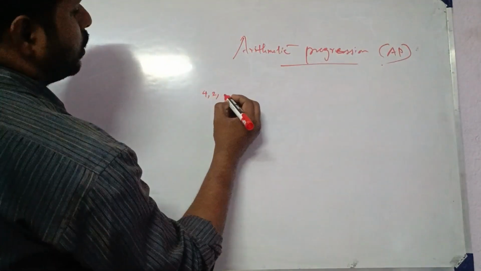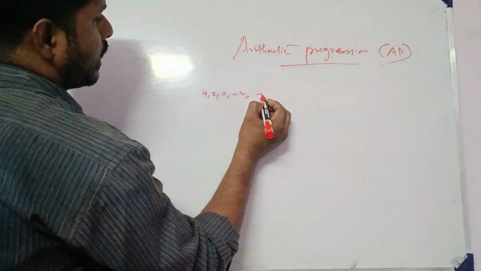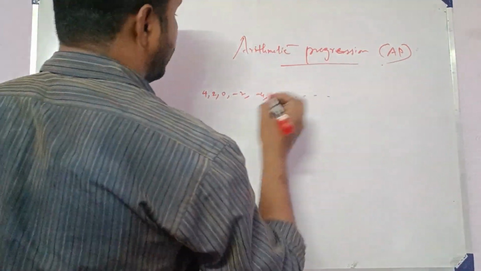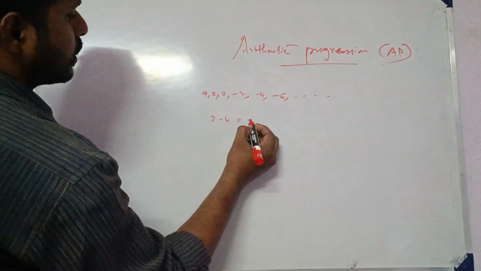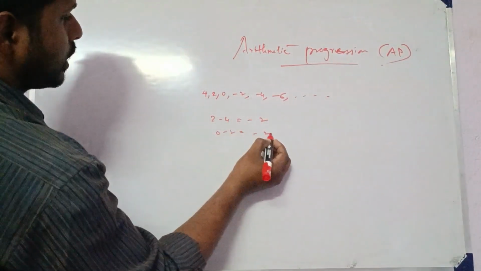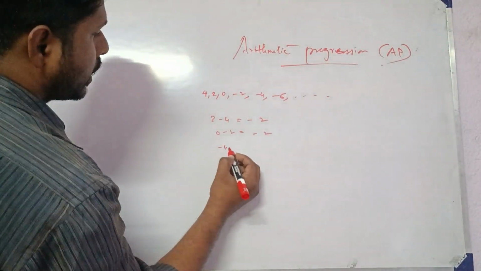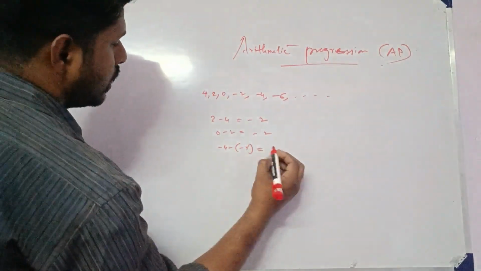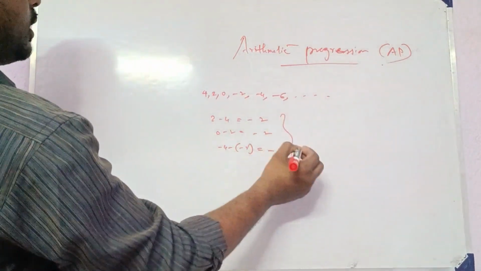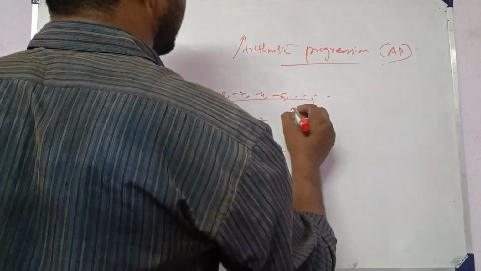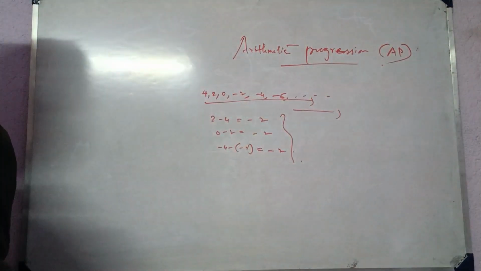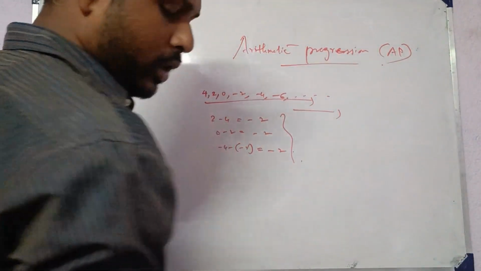Like 4, 2, 0, minus 2, minus 4, minus 6 and so on. Here the difference is 2 minus 4, that is minus 2, 0 minus 2 is minus 2, minus 4 minus of minus 2 is minus 2. Hence the difference is negative and the sequence is decreasing. It is a decreasing arithmetic progression.